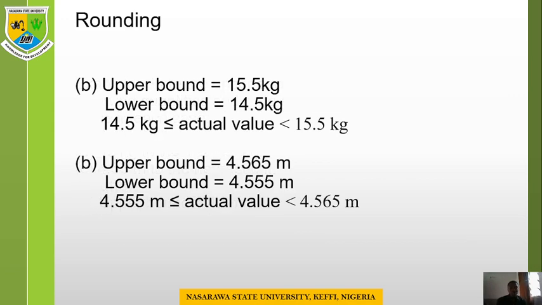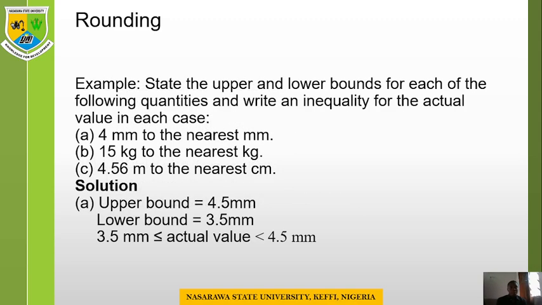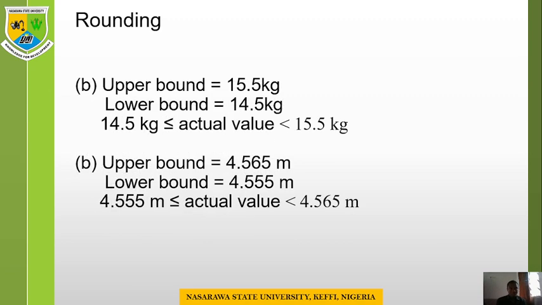All right, let's go to B. The B question says 15 kg to the nearest kilogram. So 15 kg lies in between what values? The same thing will happen as we did in the previous question. You add 0.5 to 15 kg, and we shall have 15.5 kg as the upper bound, and the lower bound in this case is 14.5 kg.